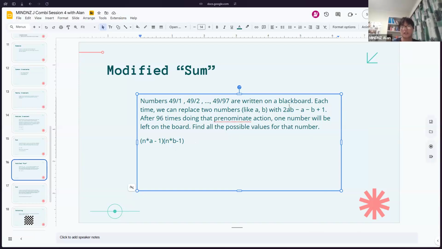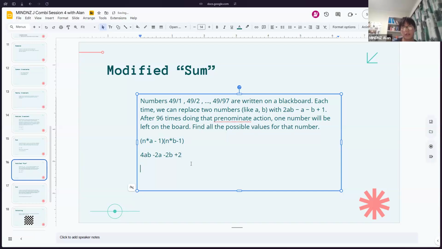So we should try to get this to a square number, because that'll be n squared times a times b. So we should multiply this whole expression by 2 to get to 4 times a times b, because 4 is a square number. So we get 4ab minus 2a minus 2b plus 2.